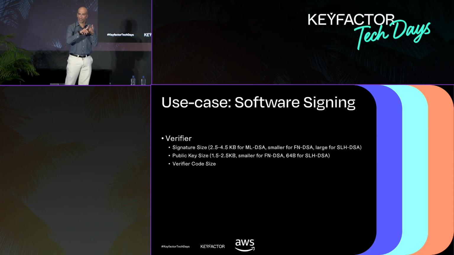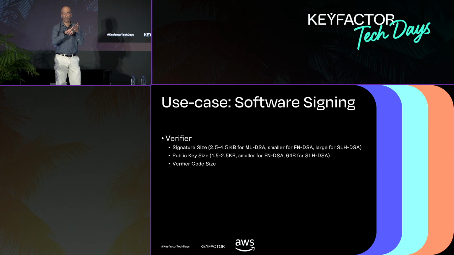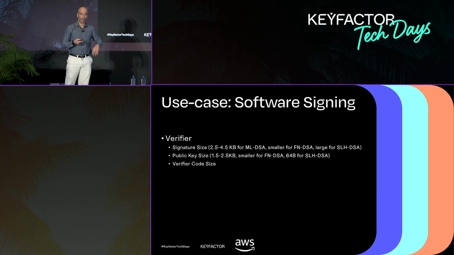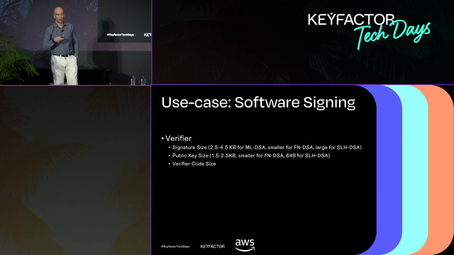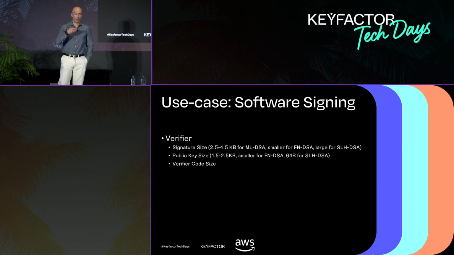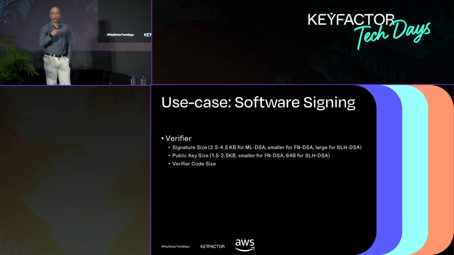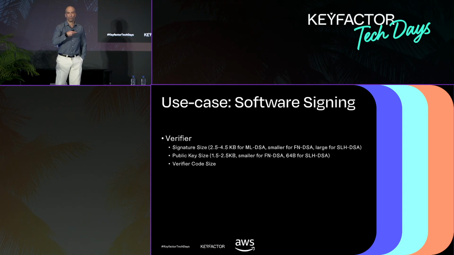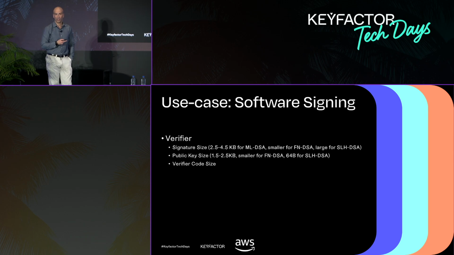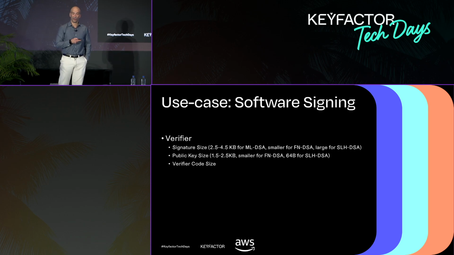The public keys are slightly bigger, and it also needs new code to verify the signature, right? Verification code for ML-DSA or any other signature. For the most part, the footprint of these things is a few kilobytes extra. So most verifiers will not sweat it. That's easy to implement in verifiers.